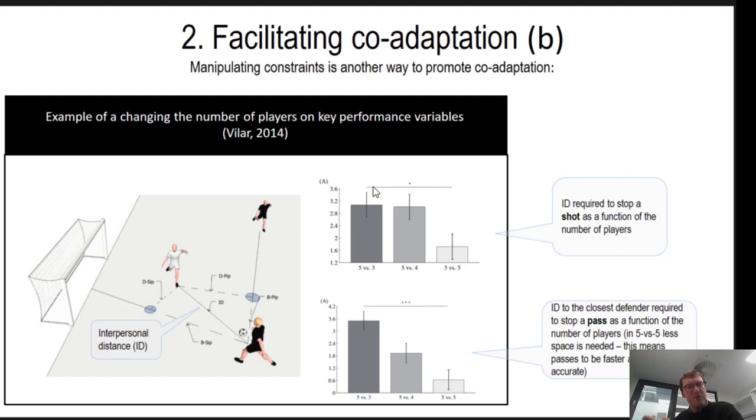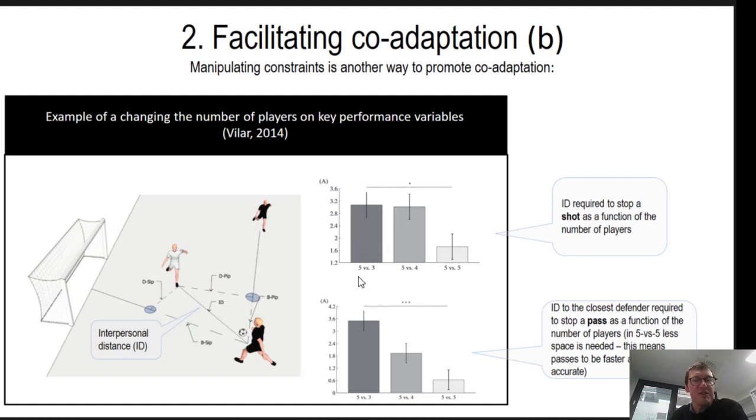Right, so a pretty relatively big distance. And this was the same for 5 versus 5, but then it drastically reduces for 5 versus 4, then it drastically reduces for 5 versus 5, almost halves.